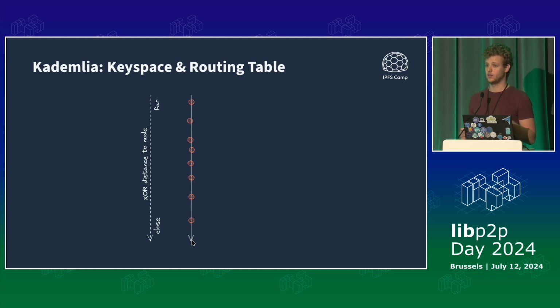So it means that the nodes at the top of the screen would be far away from my node, and the nodes at the bottom of the screen would be close to me. In terms of distance, not in geographic terms, not in ping distance, but just in the XOR metric. So each node is given a key which determines a location, and from the location we can compute distances.